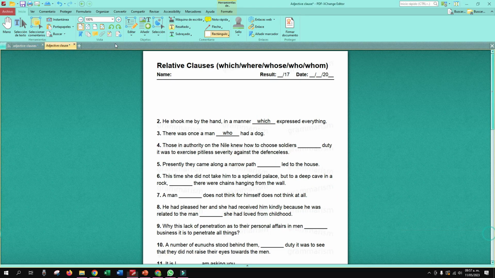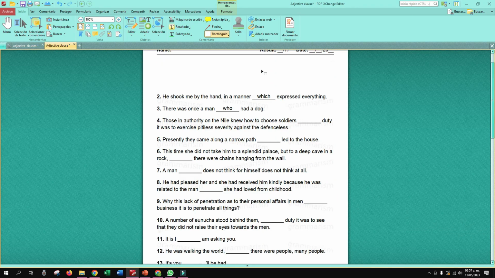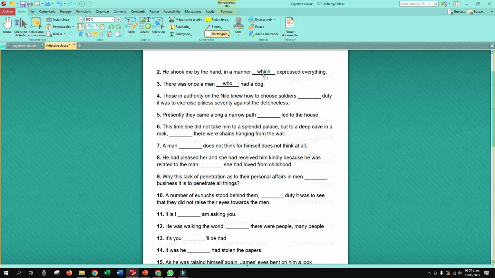Here you have relative clauses, or adjective clauses. Here you have two examples. You're going to decide which is the best relative pronoun that you need to use in that adjective clause, right? He shook me by the hand in a manner which expressed everything.